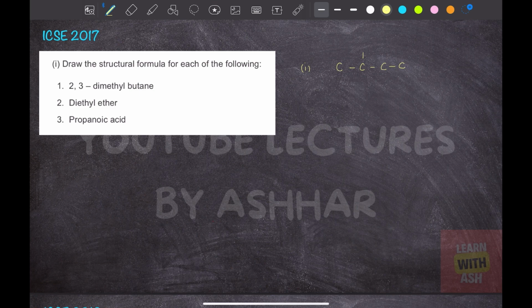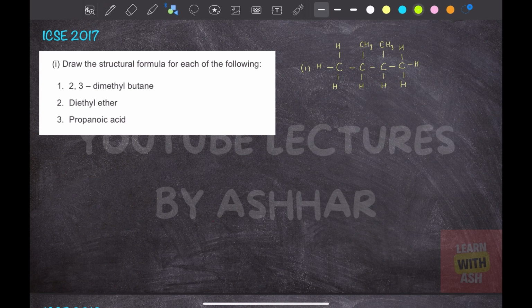So I can say if this is the second, this is the third carbon. So there is a methyl group and there is a methyl group. The remaining part will contain the hydrogen atoms. So this is the structural formula for 2,3-dimethyl butane.